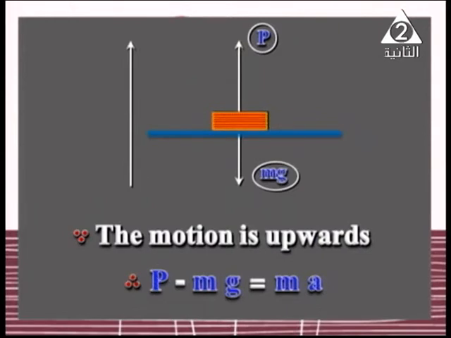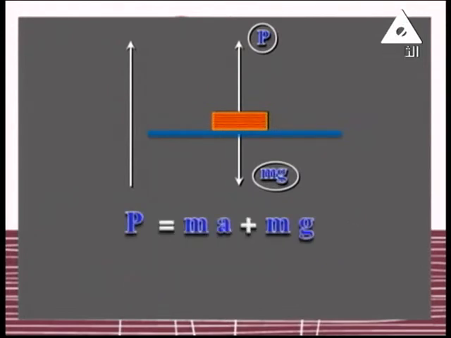Therefore B equals MA plus MG. We take M as the common factor, then the reaction force equals M times bracket A plus G. A is acceleration, G is gravity.